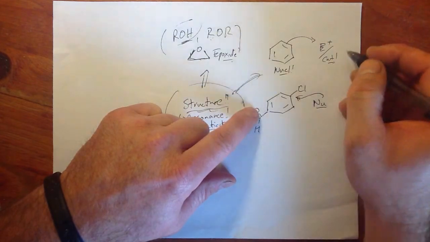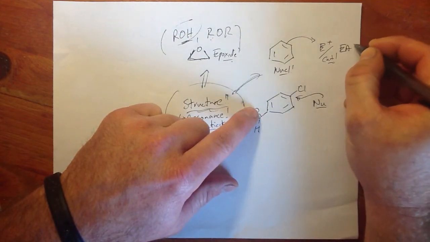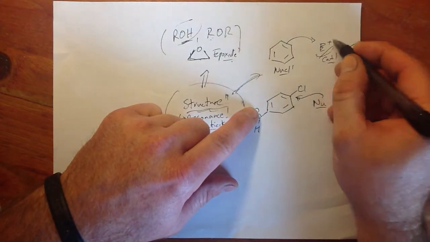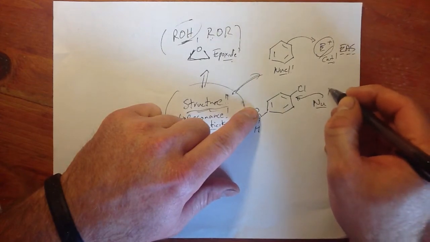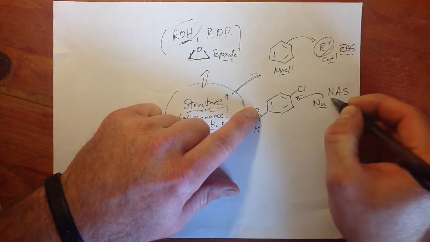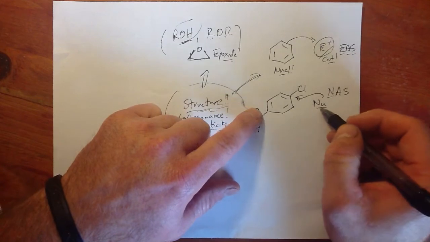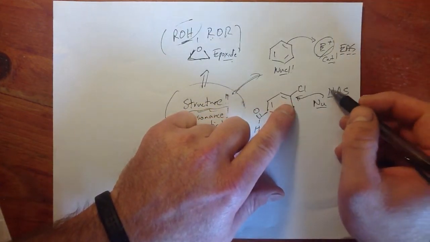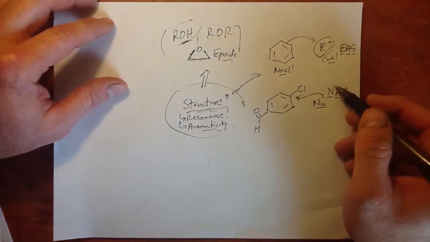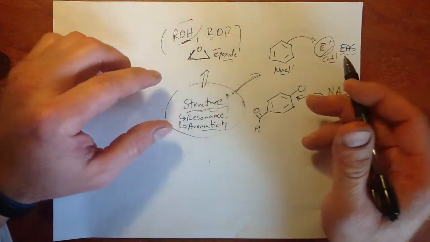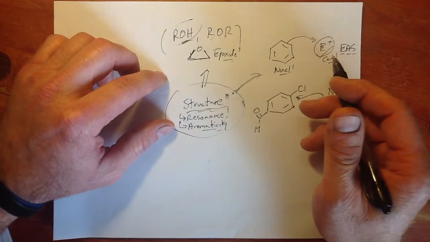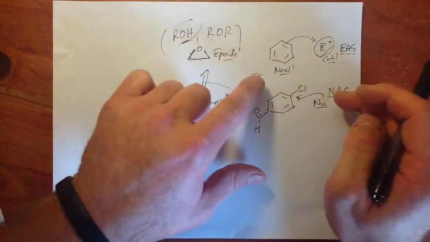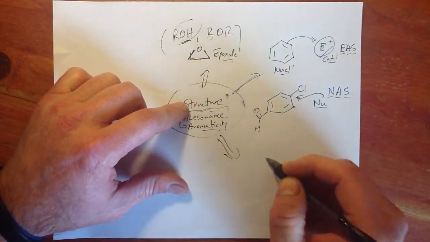So we're going to see what we call an EAS reaction, electrophilic aromatic substitution, where we attack an electrophile, and we're going to see an NAS, where we have a nucleophilic site coming in to attack the aromatic ring, and we get a substitution. So we're going to see EAS and NAS in the next sort of block of reactions that we consider. So first, second, and then let's keep on rolling.